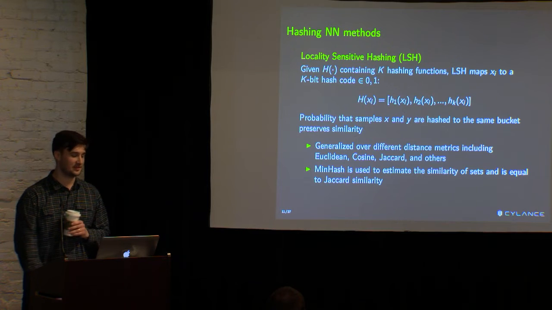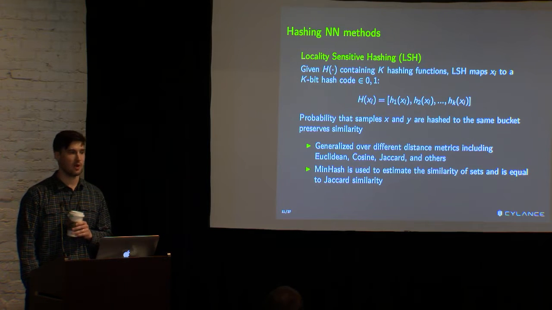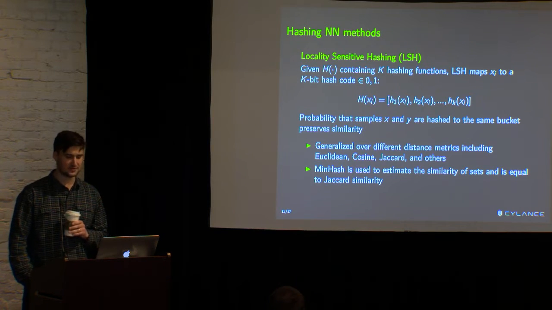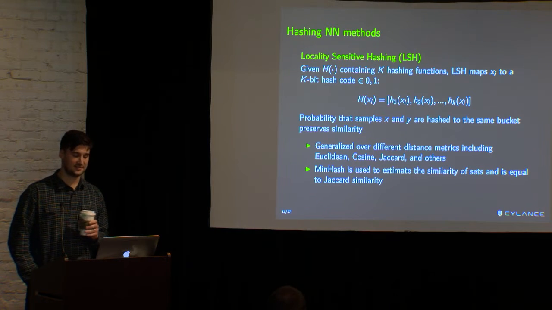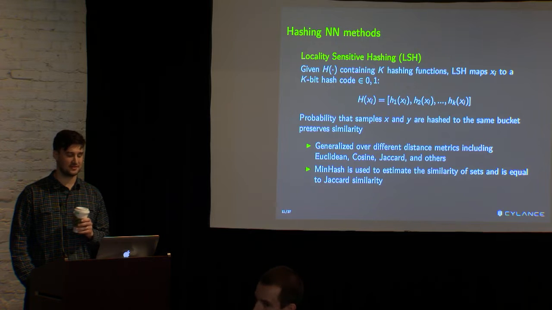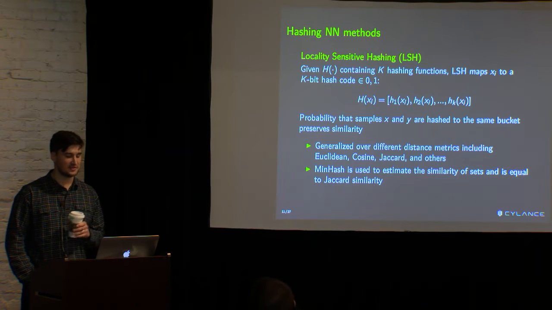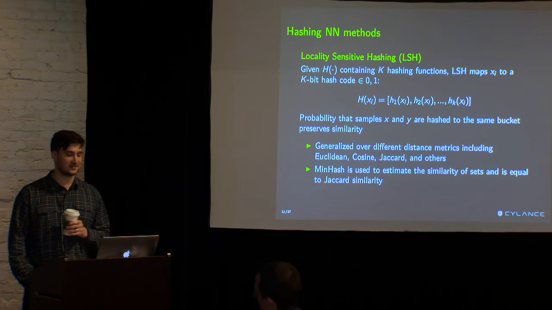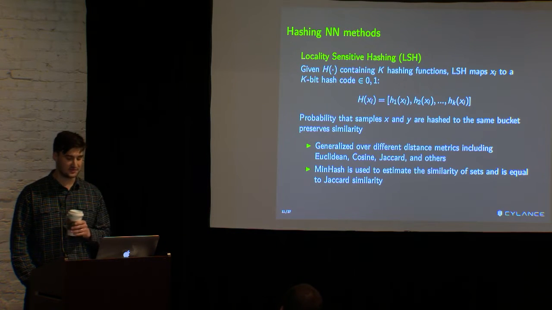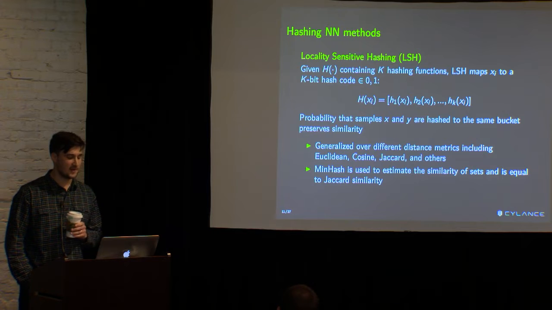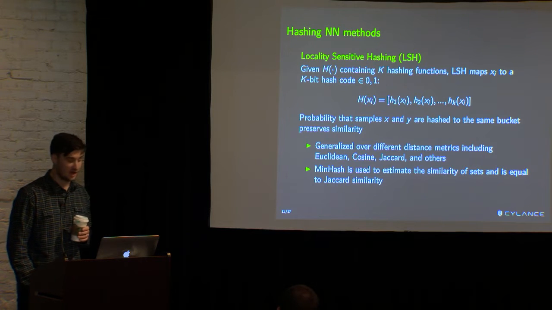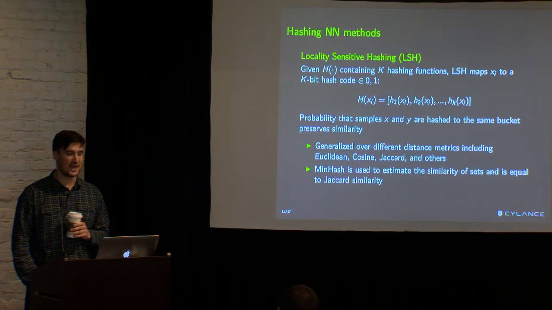So locality sensitive hashing is one of the more prominent hashing methods. There's a whole group of LSH-based methods that take a family of hashing functions that have certain properties. With LSH, you take a bunch of different hashing functions that you randomly select most of the time, and then you take your input and build a k-bit hash code that you concatenate together, and ultimately that represents the bucket that an input, or a sample in our case, maps into.